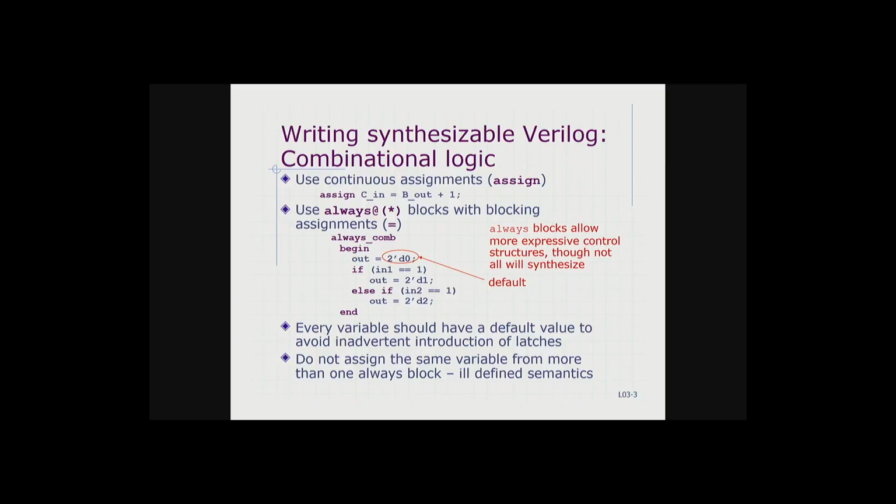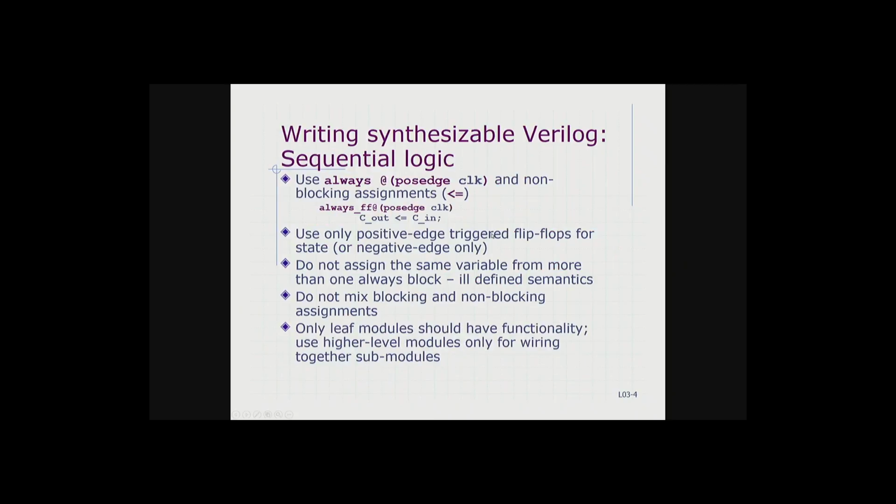Then it's a latch and not combinational. Or if I have a case, case 0, 1, 2, make sure you've covered every possible case, and just to be safe, put a default colon at the bottom, which is like a final else. Because case is the same thing as if, else if, else if. So have some sort of a default on this stuff. Okay, we've already seen sequential logic.